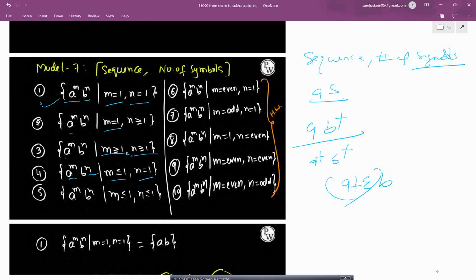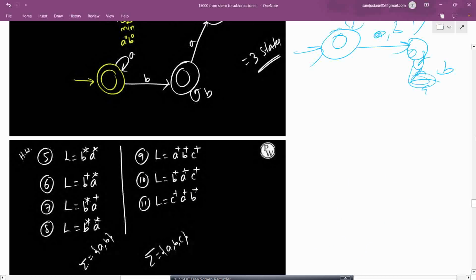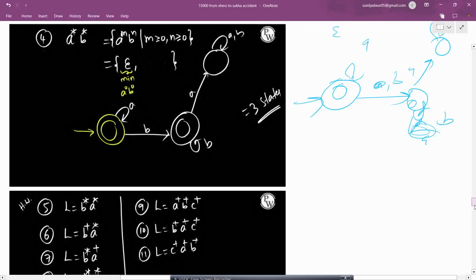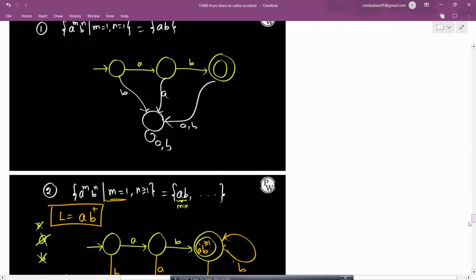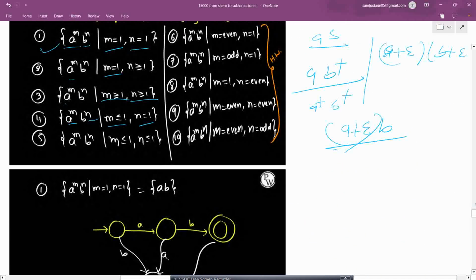Yeah, it is. And what is the regular expression for this? m is less than 1, a plus epsilon, and b to the n, n is less than b plus epsilon. No, b plus epsilon here.